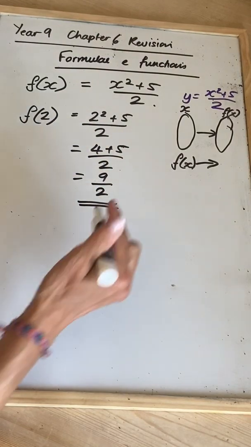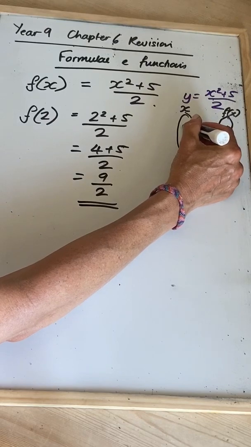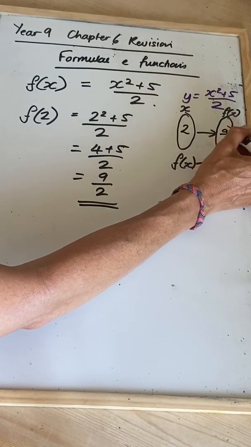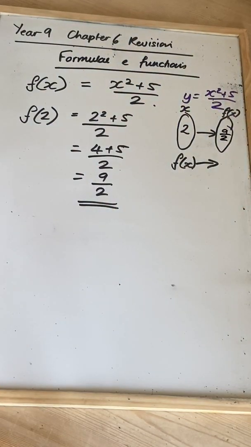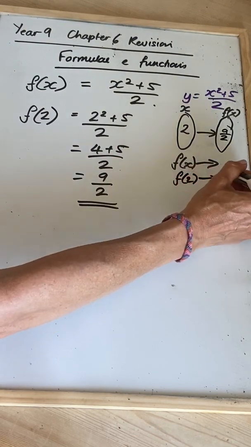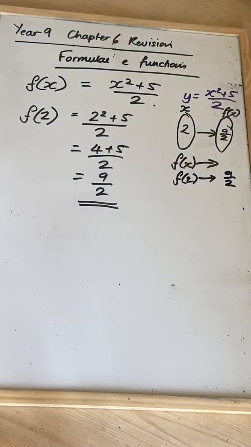So if we were doing a mapping, we would say that 2 maps onto 9/2 in this f of x function. Here we would say f of 2 maps onto 9/2. That's what that sort of notation means. Okay, so that's what substituting in means.